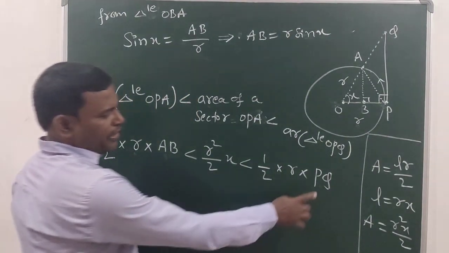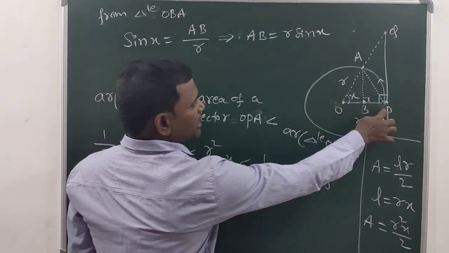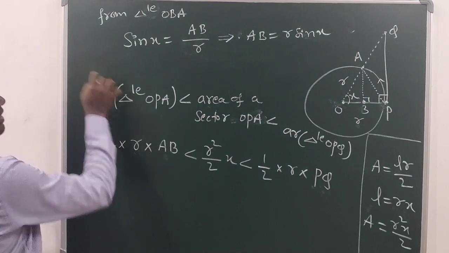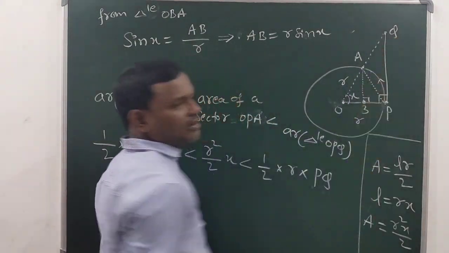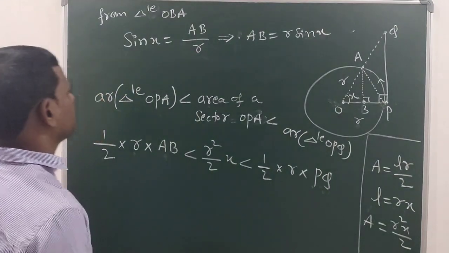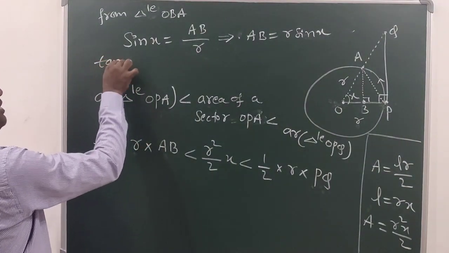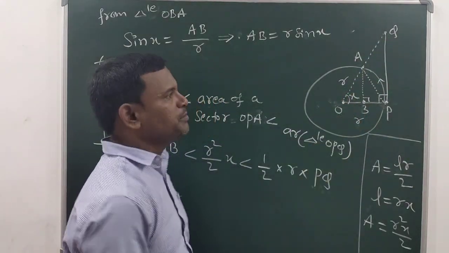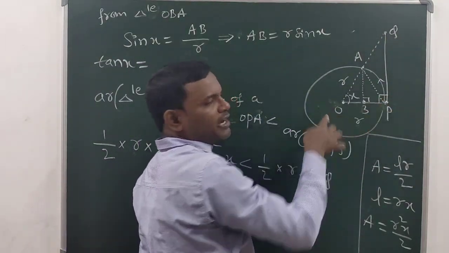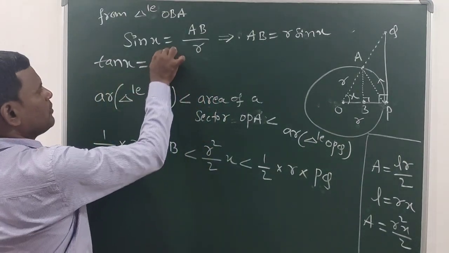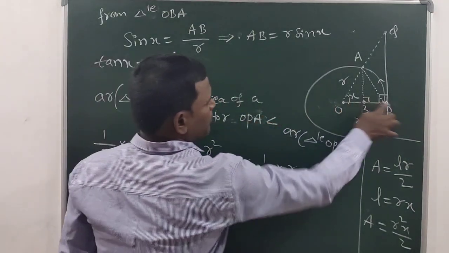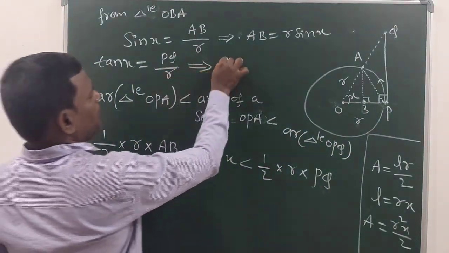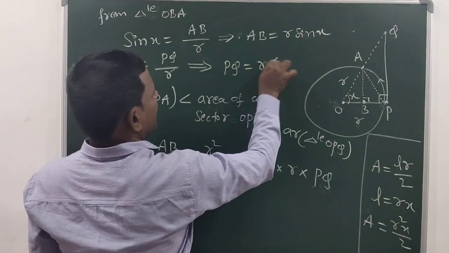Okay. Now to find PQ, consider OPQ triangle. From this OPQ triangle, define tan x. Tan x means, you know, opposite by adjacent. Opposite is PQ and adjacent is OP. OP that is nothing but small r. Now, such that PQ is equal to r tan x you will get.